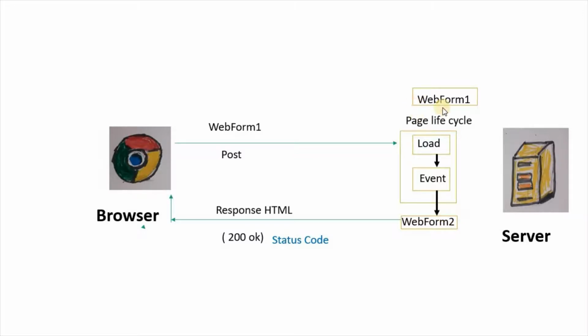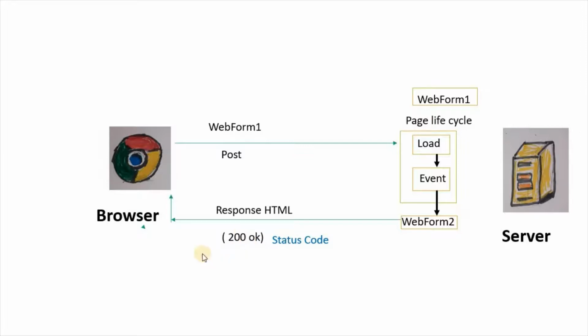Till now, page life cycle of waveform 1 has not completed. Now, waveform 2 page object is created. Full page life cycle of waveform 2 is executed, and output HTML response is then sent to the browser, and the status code is 200 OK.